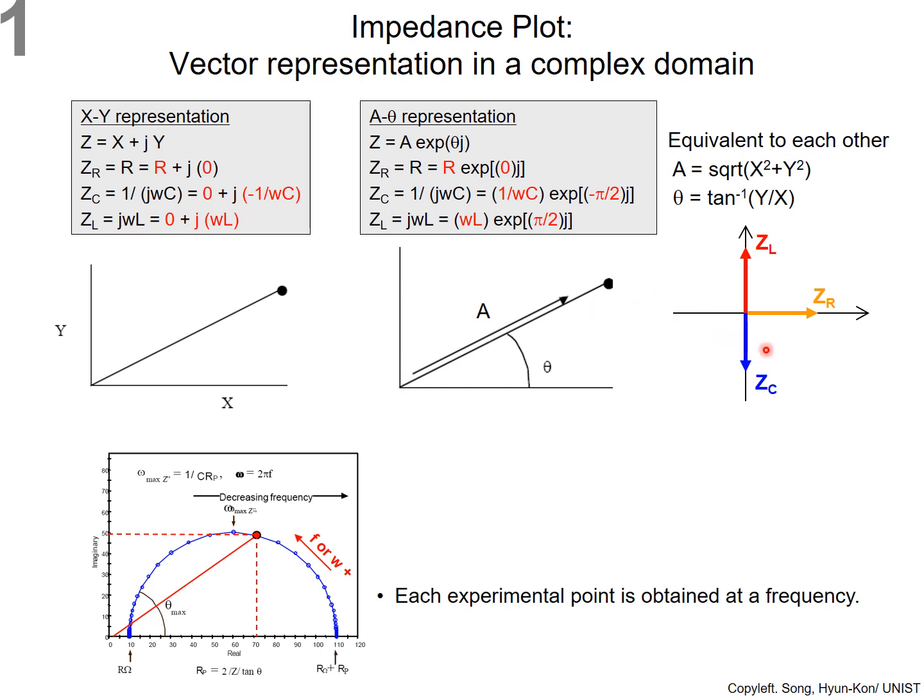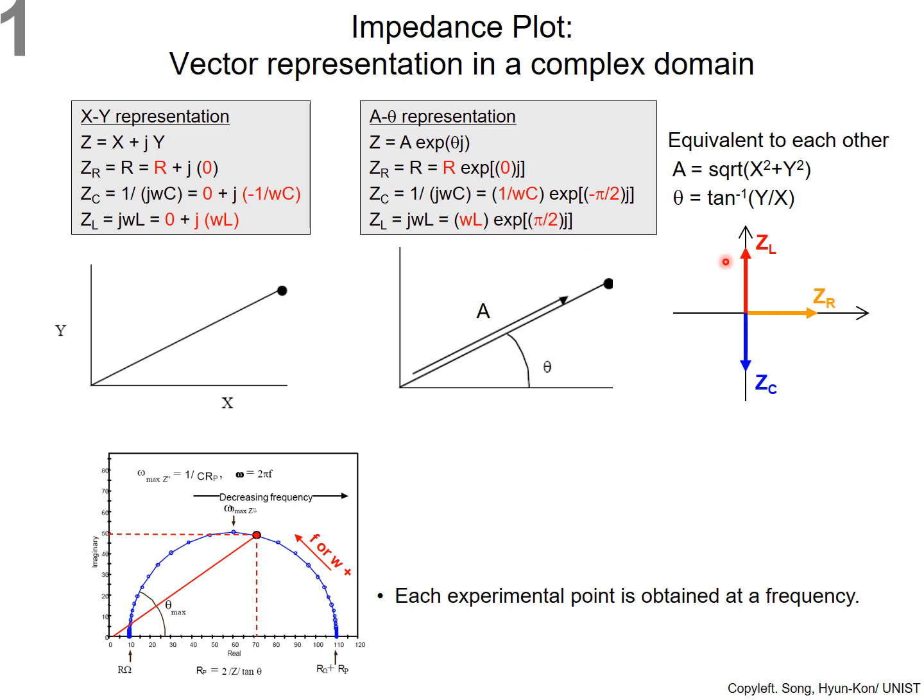So that is the capacitor vector. Its phase angle is always minus 90 degrees, so you could find the point on the y-axis, actually the negative y-axis. How about the inductor? Omega L inductance with the exponential of pi over 2. j indicates this, so its phase angle is pi over 2, or 90 degrees.